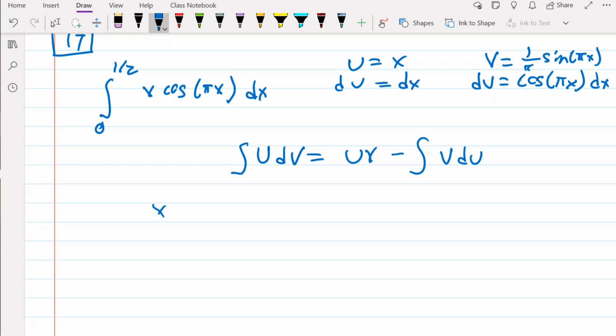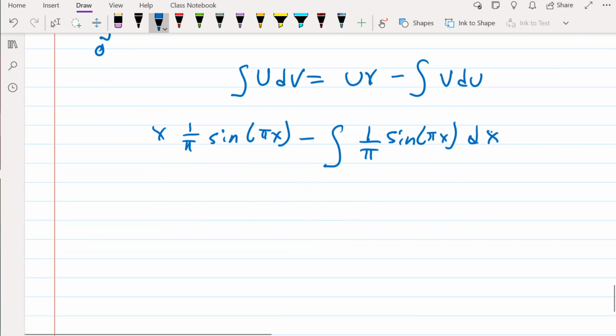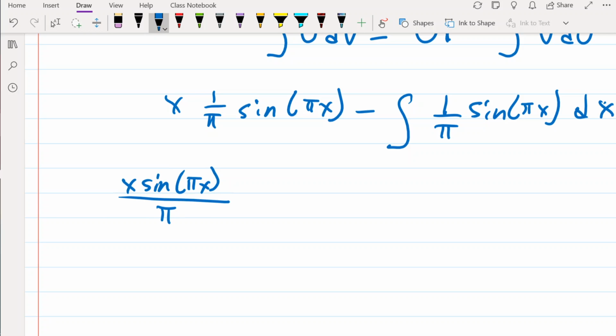So we're going to have u, so x times 1 over pi sine of pi x, minus the integral of v du, which will be 1 over pi sine of pi x times dx. I was just misreading and saw the dv. So from here we're going to get x sine of pi x over pi, and this will bring the 1 over pi out to the front: the integral of sine pi x dx.